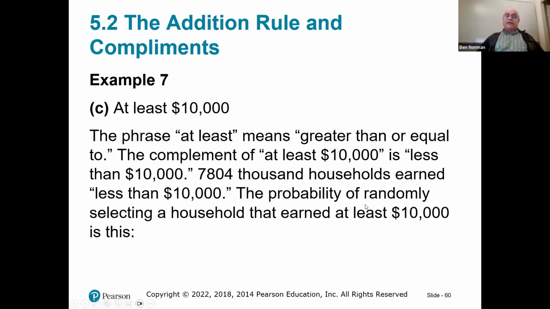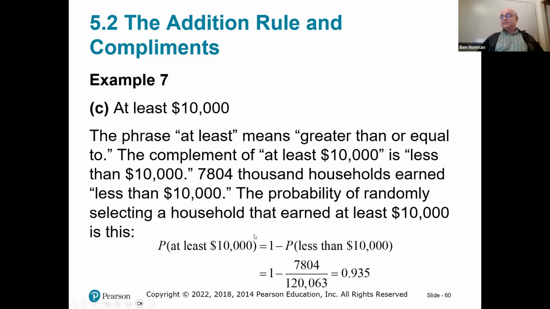The probability of at least 10,000 is going to be 1 minus the probability of less than 10,000. So 1 minus 7,804 divided by 120,063 to give you 0.935.